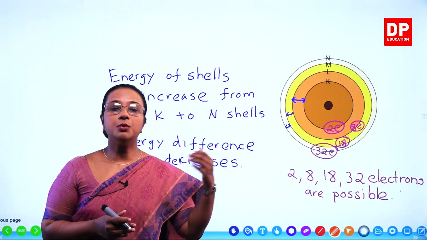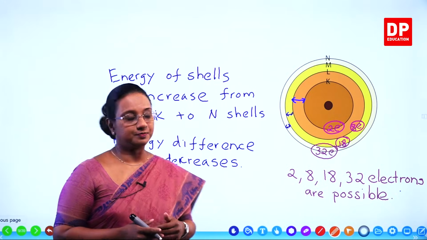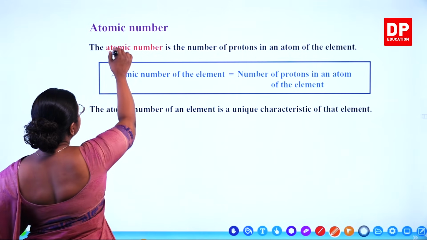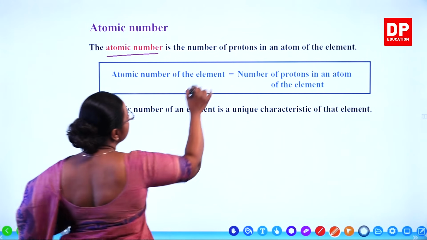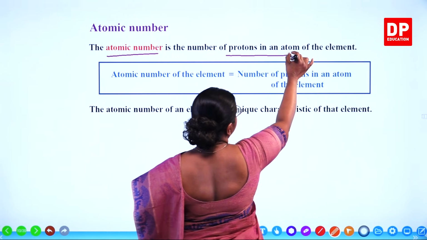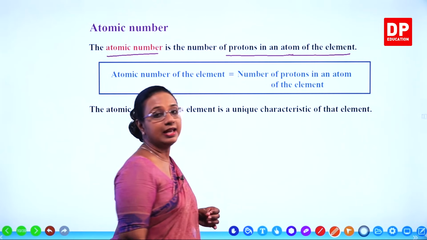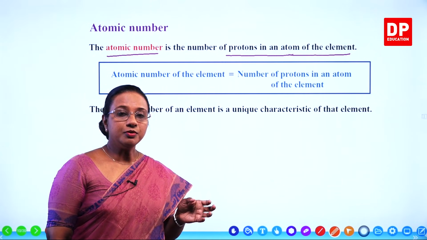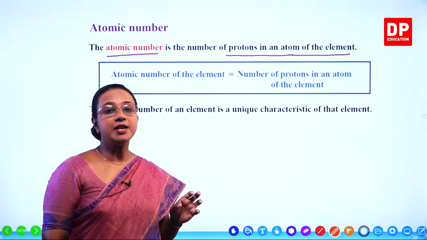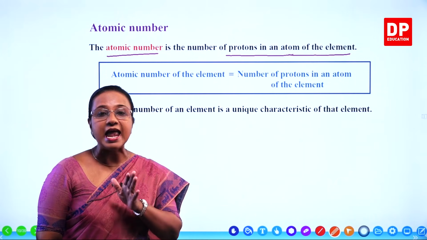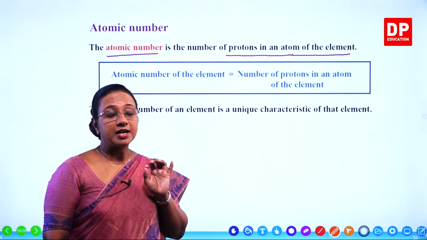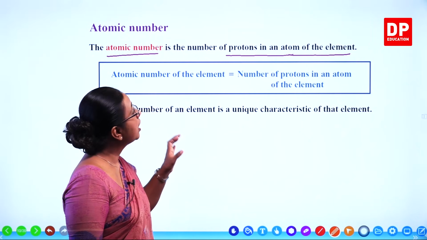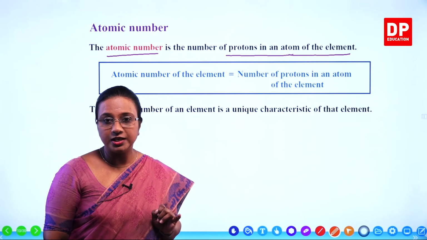Now we will see what atomic number is. The atomic number is the number of protons in an atom of the element. You already know that there are equal numbers of protons and electrons. But out of these two, the protons are contained within the nucleus.